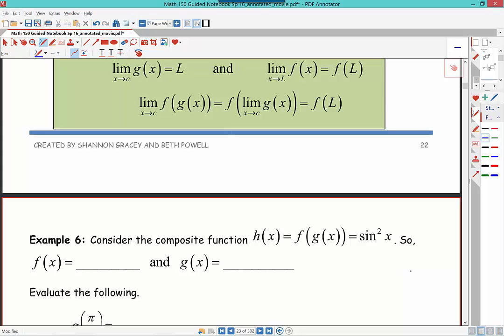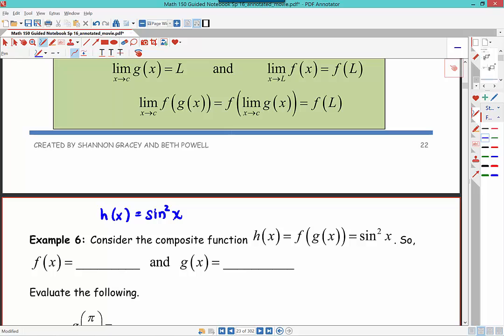So we've got this composite function, h of x is equal to f evaluated at g of x. Well, this composite is specifically sine squared at x. So what is sine squared at x? We've said that h of x is sine squared at x.